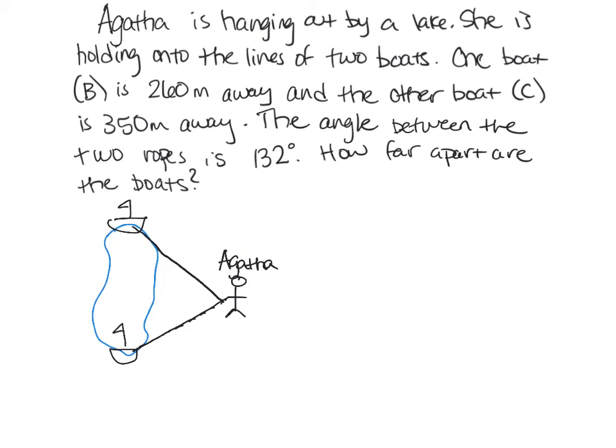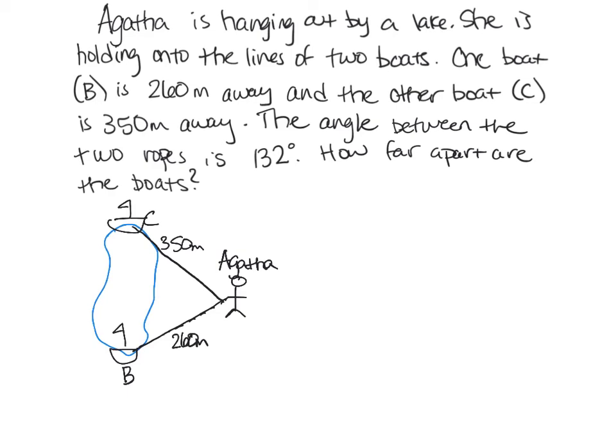One boat, boat B, we'll call this one down here, is 260 meters away. And the other boat, boat C, actually, I'll write that over here. This is boat C, is 350 meters away. If you have boats B and C switched, that's fine, as long as you also keep the appropriate length with them.